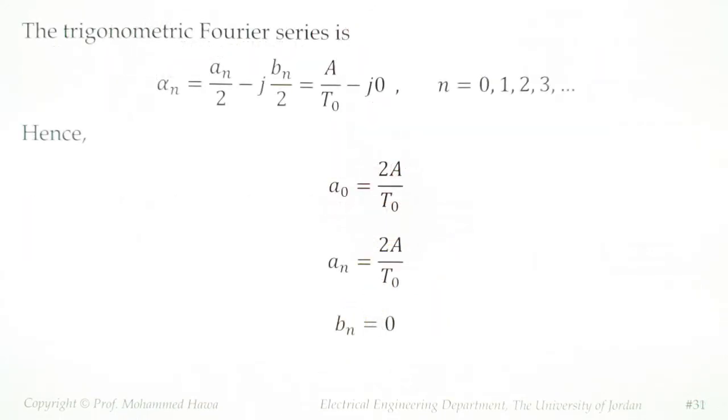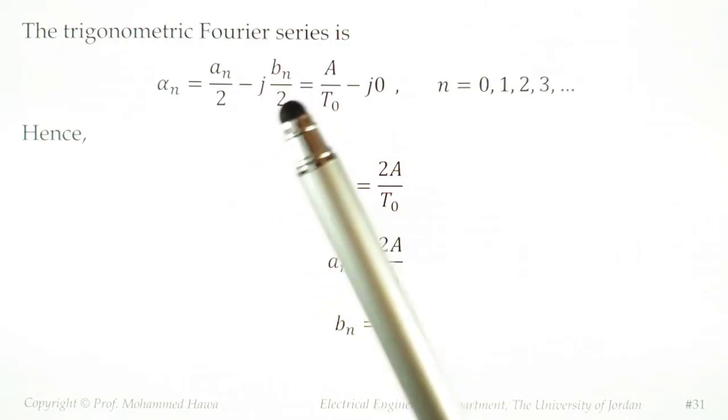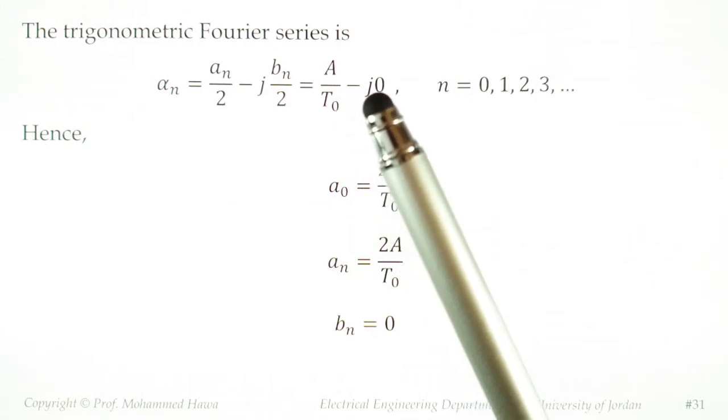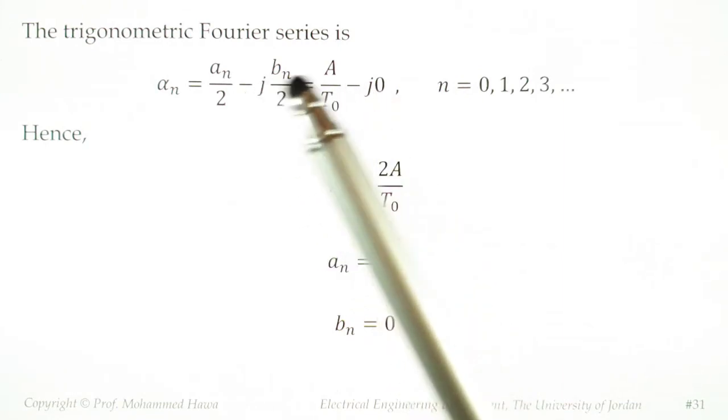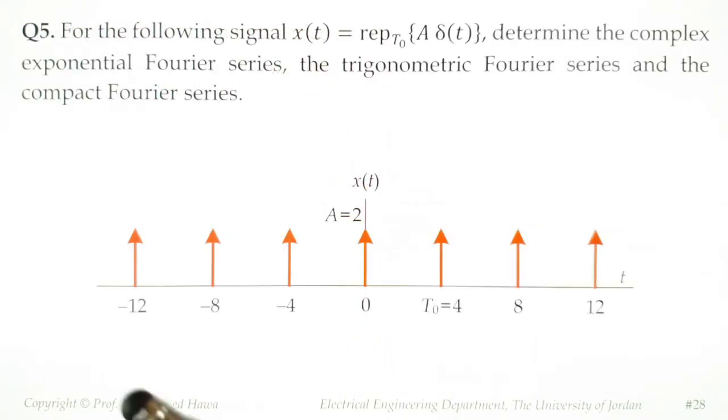If somebody says, how about the trigonometric form? Well, you can get the trigonometric form from the complex exponential form, because alpha n is a n over 2 minus j b n over 2, and I know that alpha n is a over T naught, that's a real value, so b n's are 0. b n's are 0, as you can see here, which, by the way, makes sense because this signal is an even signal.